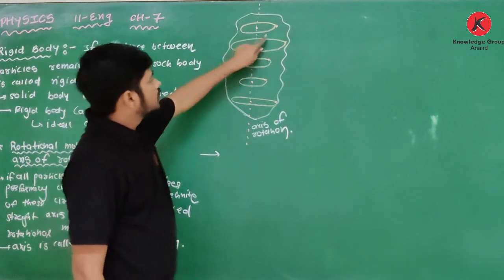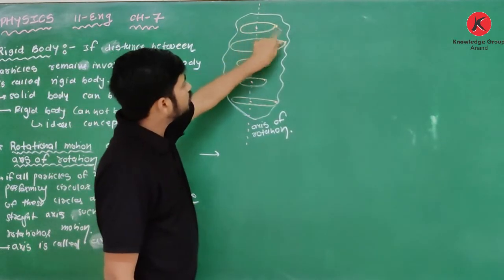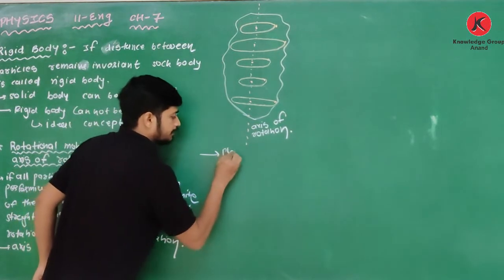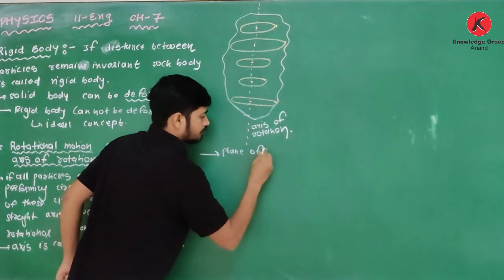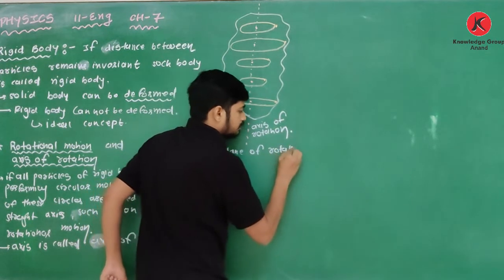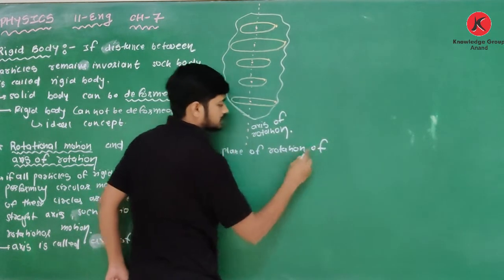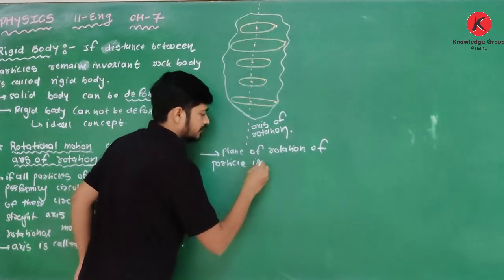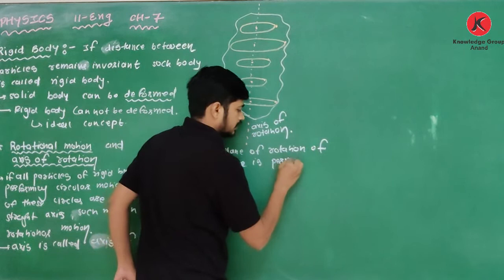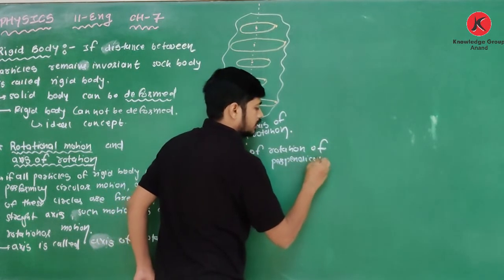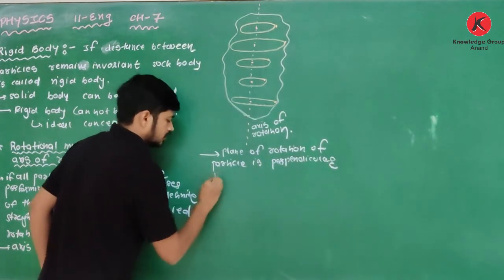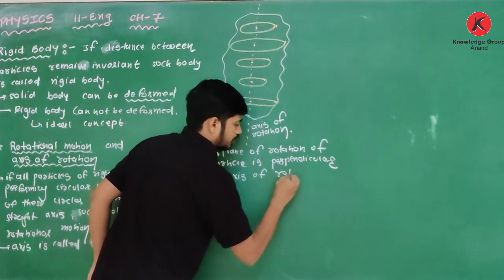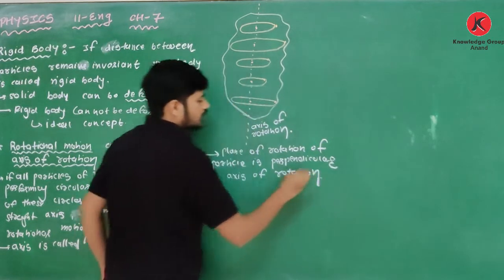Now 1 or 2 points you have to remember for this. The plane in which a particle is performing circular motion is perpendicular to the axis of rotation. Okay, the plane of rotation of a particle is perpendicular to the axis of rotation.